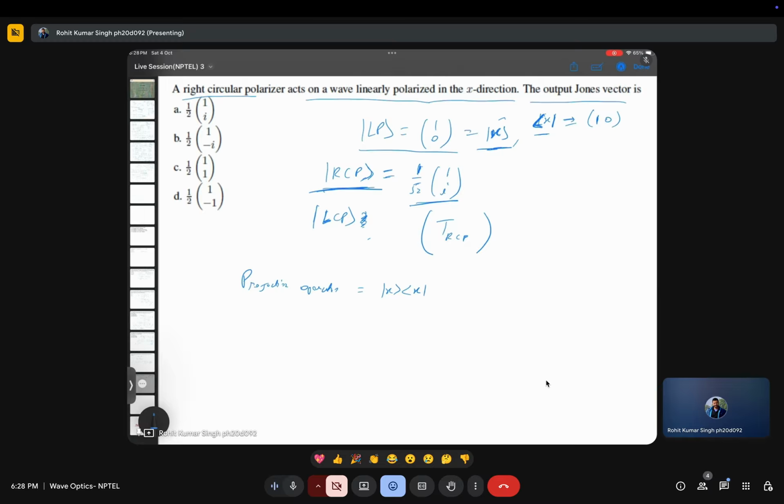When you apply this projection operator, let's call it Px, on x, you should get the x matrix, which is evident here, because if you apply this on this, this is 1, so you get this.